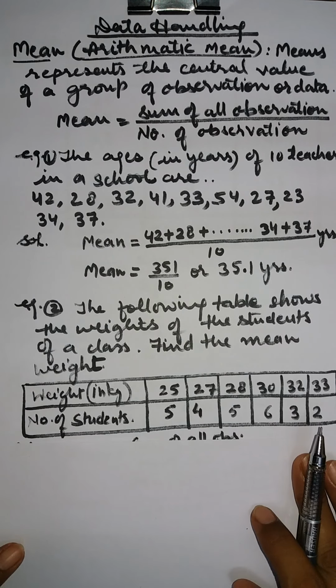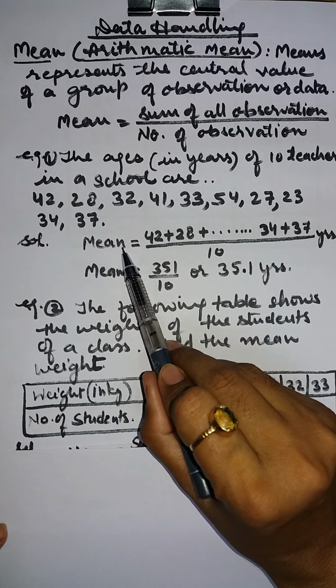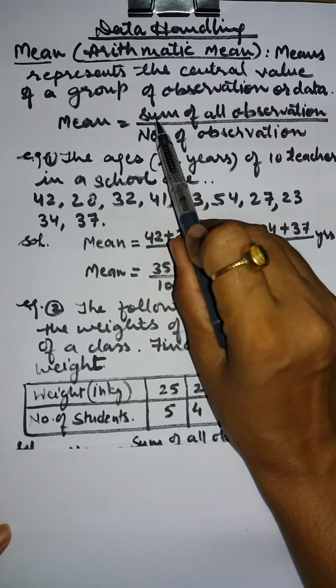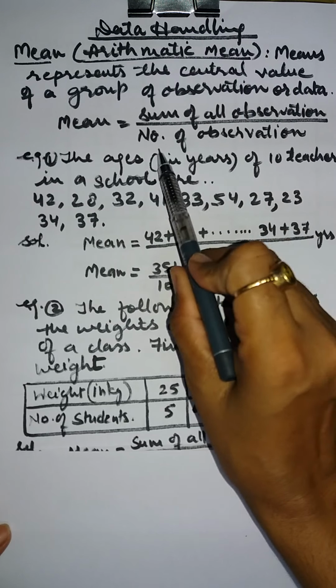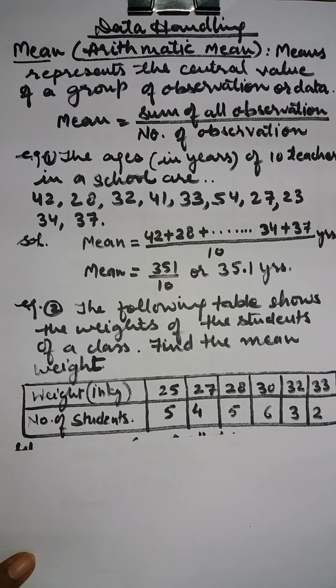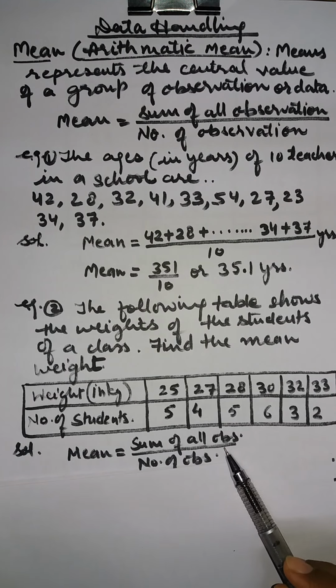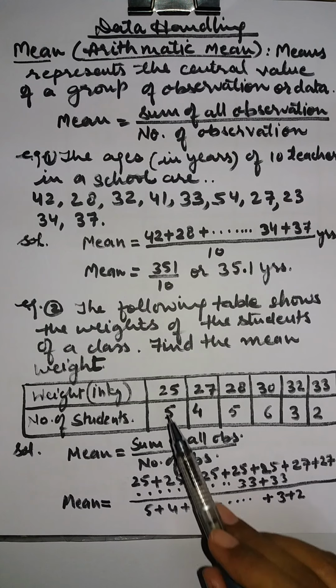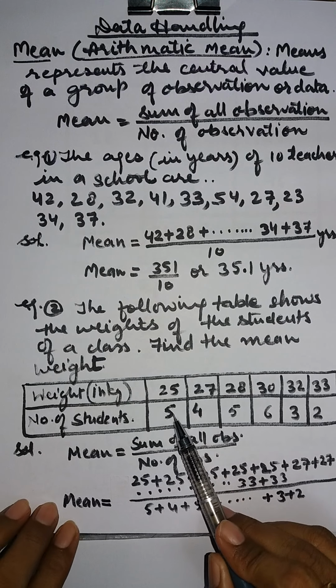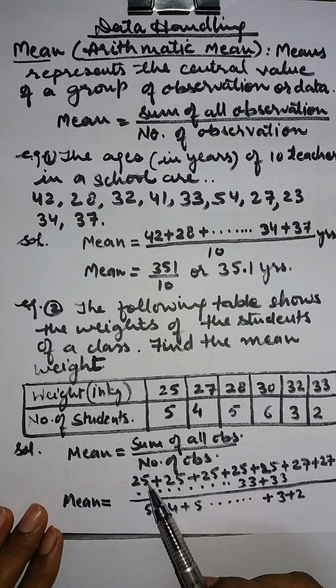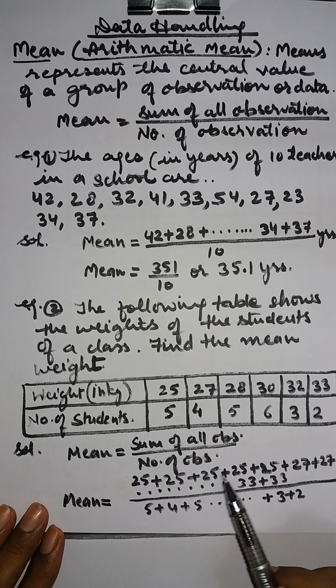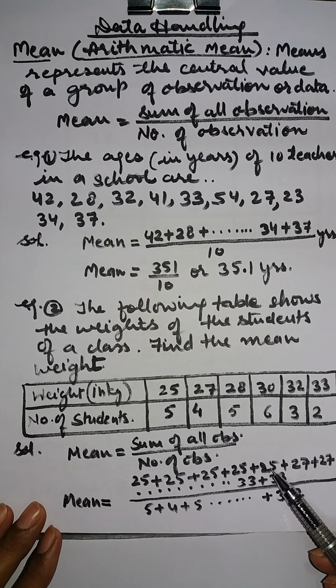Now how will we find the mean? We already know that it is the sum of all the observations divided by the number of observations. So we simply add all the observations. 25, because it is given for 5 times, it means we have to add 25 plus 25 plus 25 plus 25 plus 25 and so on.